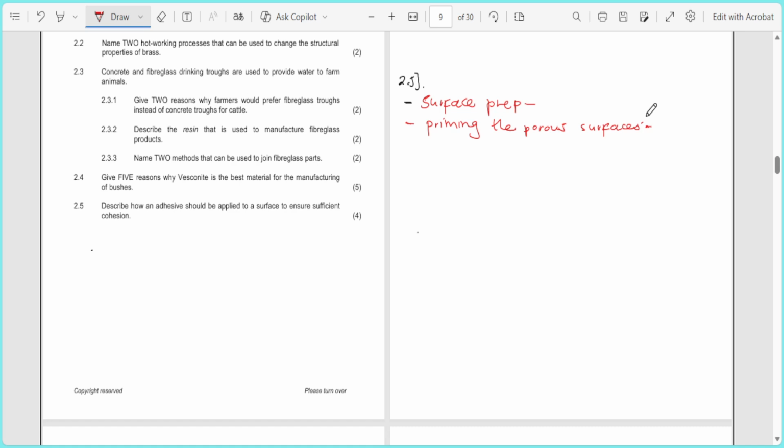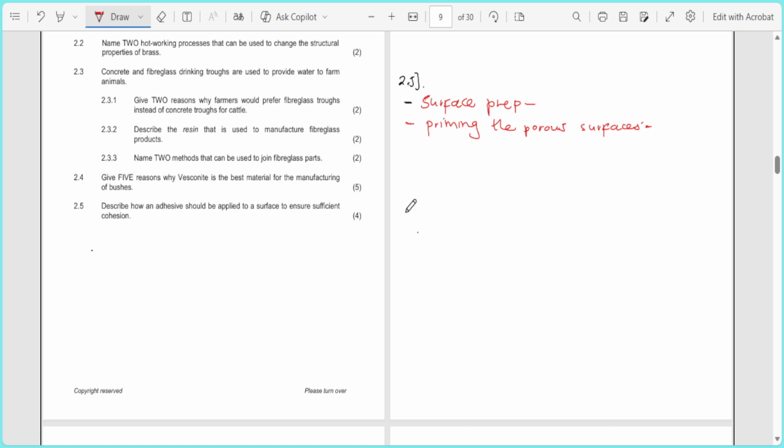So we prep the surface by filling in those small holes, so that once we start applying the adhesive, most of it is left on the surface to provide enough contact between the combining materials.